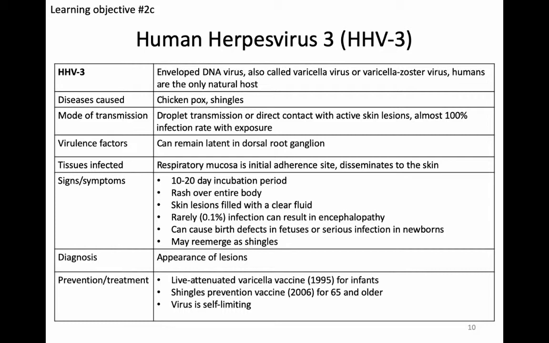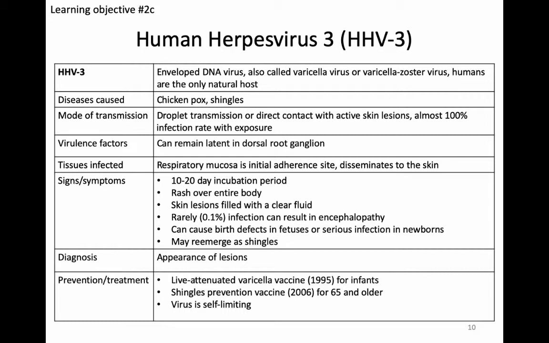So human herpes virus can infect a person, cause chickenpox on the first infection, then will go latent by getting into nerve cells along the spine called the dorsal root ganglion. The virus stays in these nerve cells until later reactivation, where the virus reemerges to cause shingles.